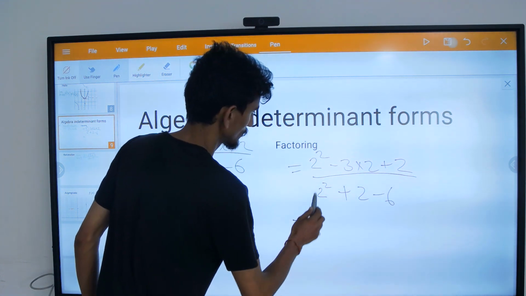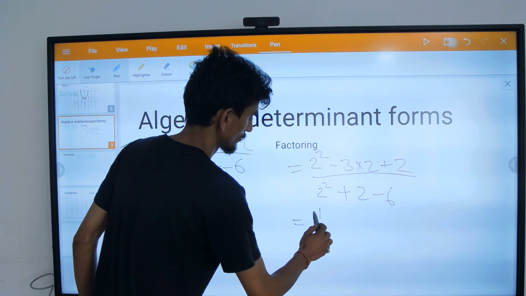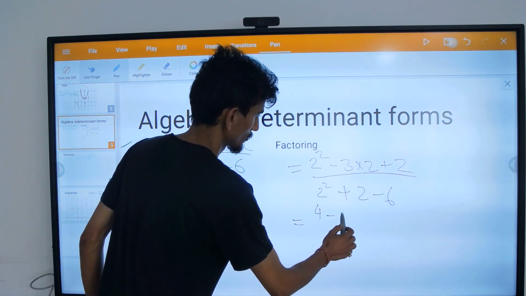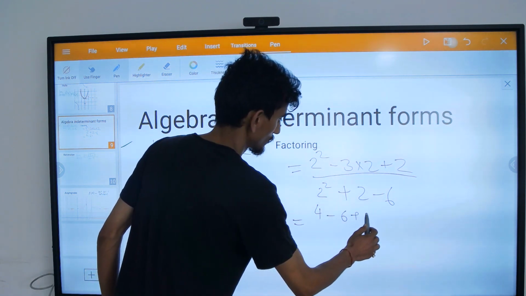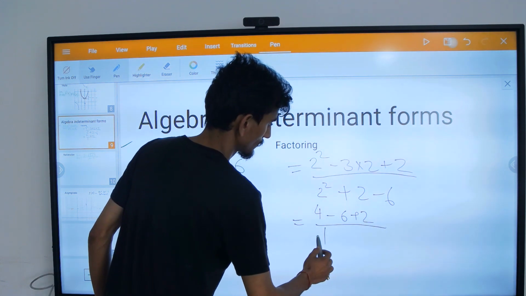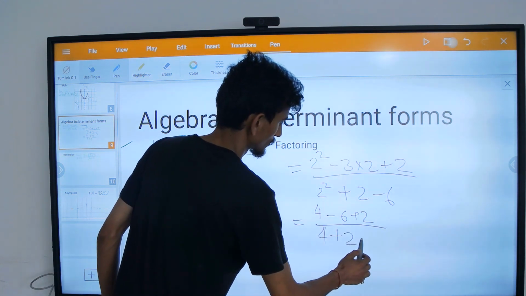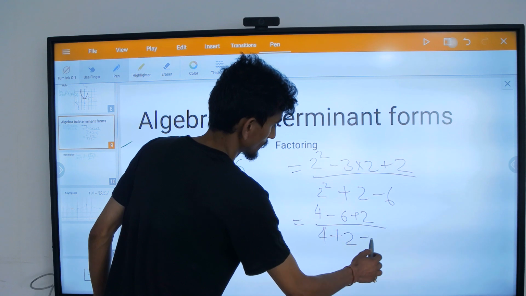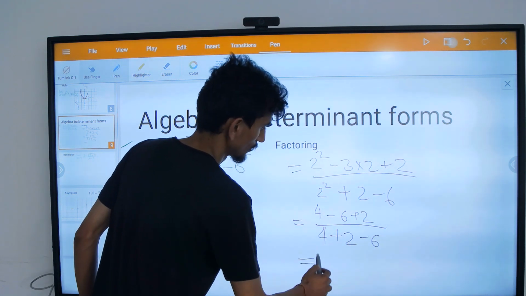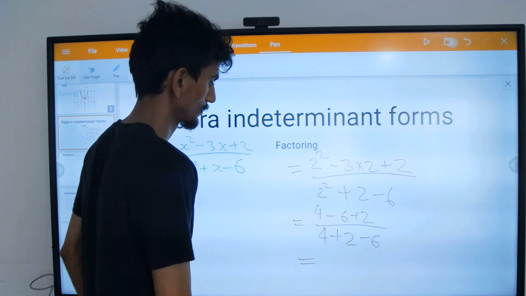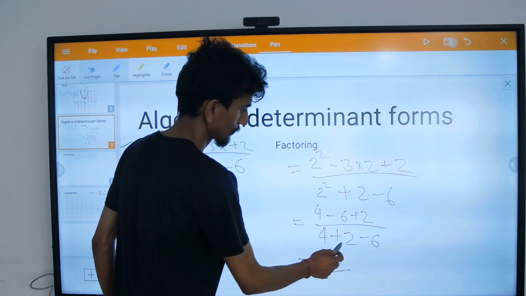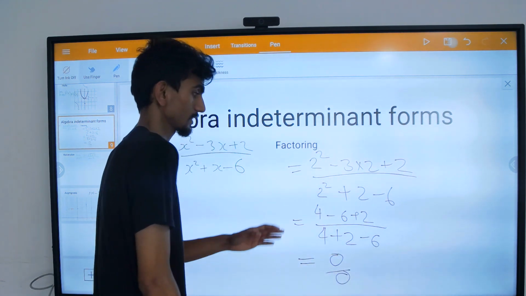That is 4 minus 6 plus 2, which is 0, and 4 plus 2 minus 6, which is again 0. So this is the indeterminate form.